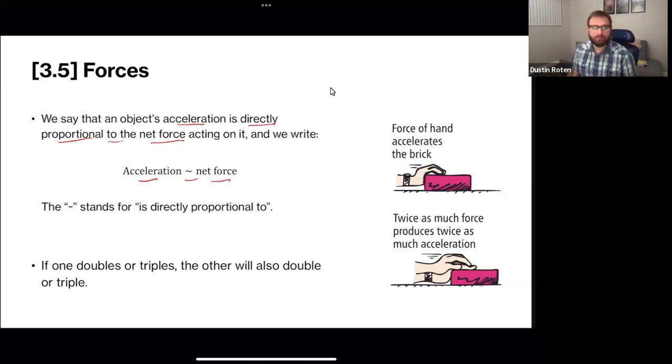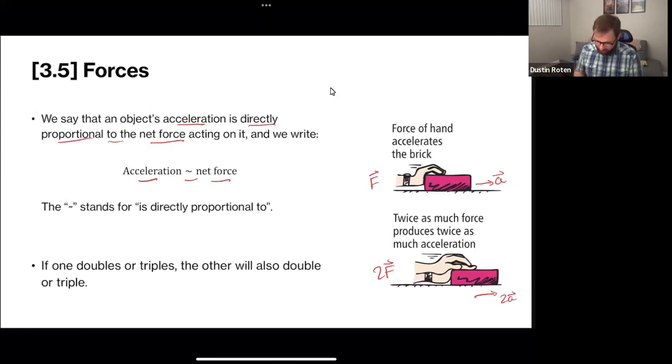Okay, so if we look at this example over here on the right, we have some force acting on this brick and it's causing an acceleration. Well, if we double the force, you'll notice there's two hands on there. That means we have to double the acceleration.